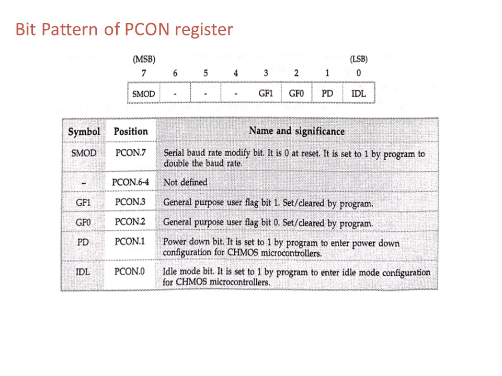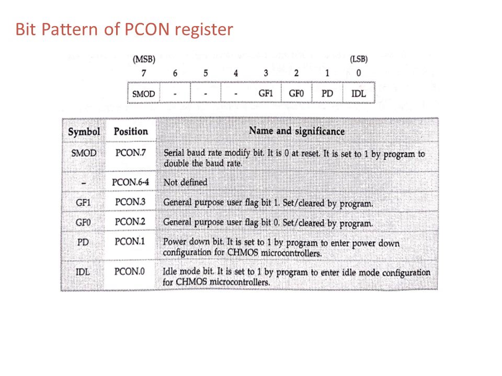Now the positions 6, 5 and 4 are not defined. Next, the third bit is GF1, that is general purpose user flag bit 1. Again, it can be set or cleared by the program, and its position is PCON.3. That means it can be bit addressed with the representation PCON.3.